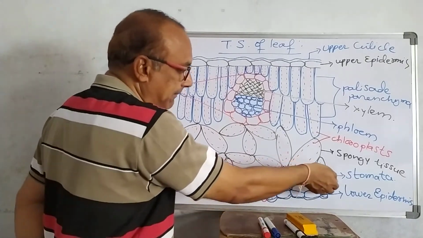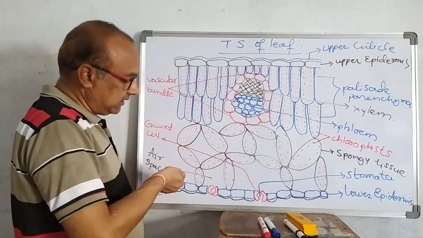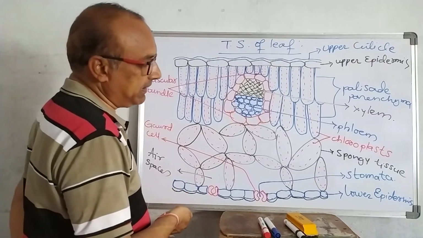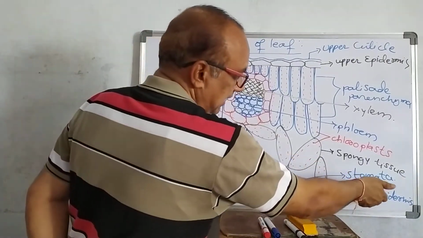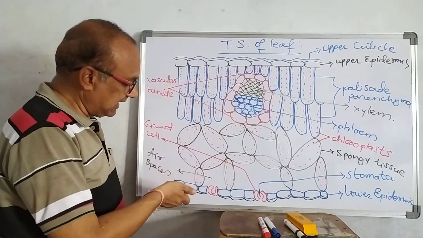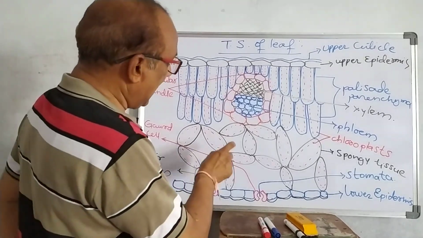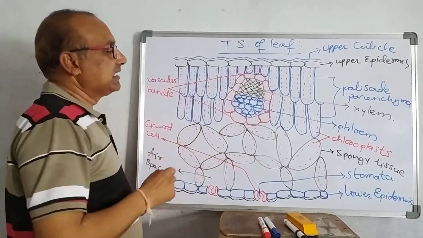And beneath this lower layer, that is called lower epidermis, the lower cuticle is arranged. If you look at the center, there is a bundle-like structure.